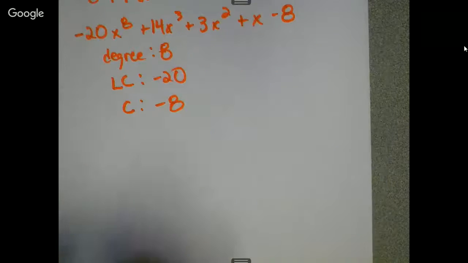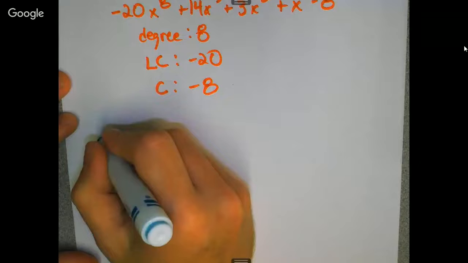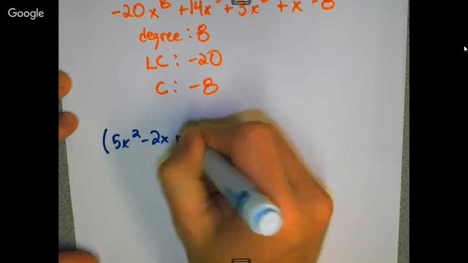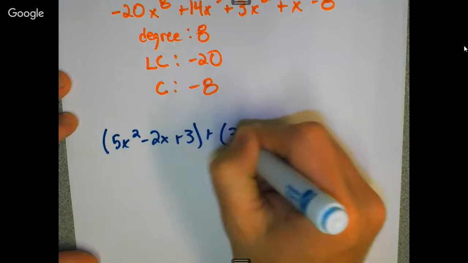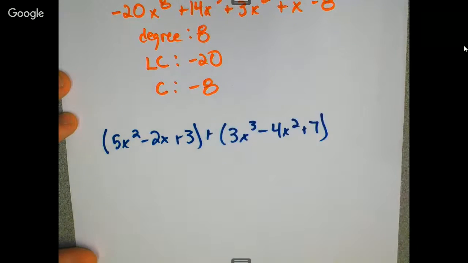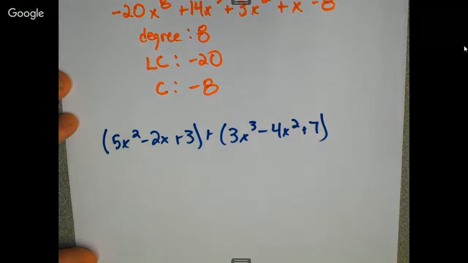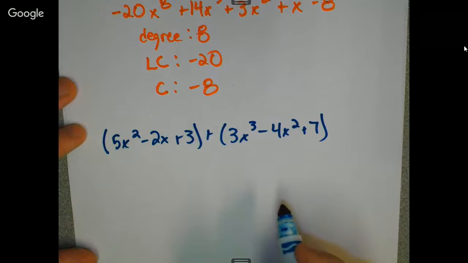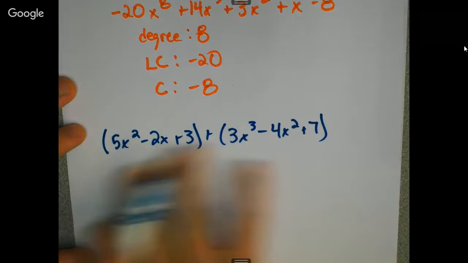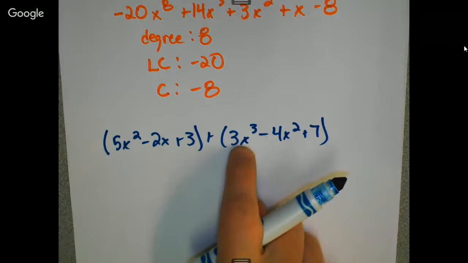Okay, so then we went on to adding polynomials. 5x squared minus 2x plus 3 plus 3x to the third minus 4x squared plus 7. Okay, if I go to distribute the positive, nothing changes. So we could drop the parentheses, but I just like to look at it like this. So my highest exponent is x to the third.